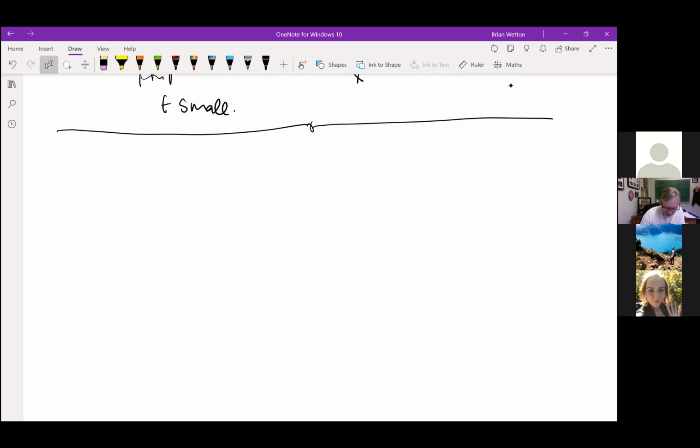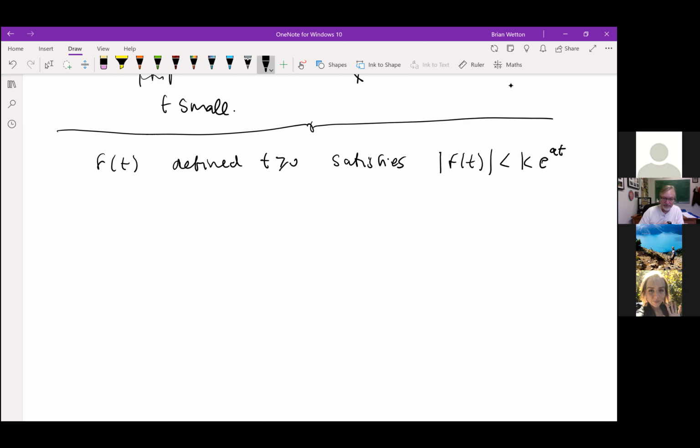Okay, so I'm going to go back to the beginning. Let's just think of the scalar case. The function f of t is defined for t bigger than or equal to 0, and it satisfies that it could have exponential growth, but at a bounded rate, and this is going to be true for all t bigger than or equal to 0.